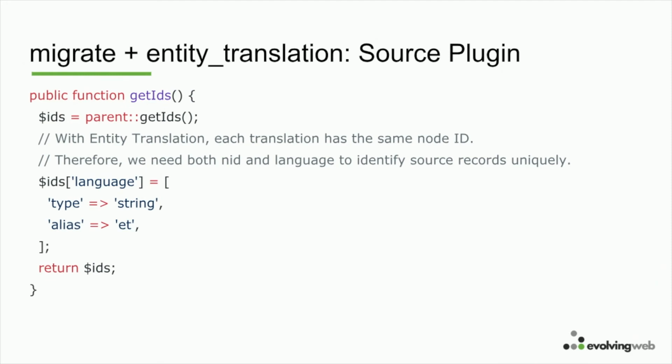After overriding this method, I get the source IDs, which include NID, and I include the language column as a part of the composite key. So after this, every Drupal 7 node will be uniquely identified with an NID-dash-language combination. For example, 1-EN, 1-ES, 1-FR, which is unique. That way we'll be able to refer to them individually in our migrations.